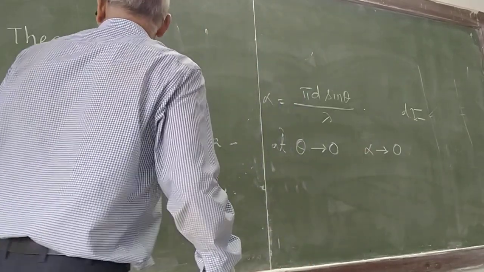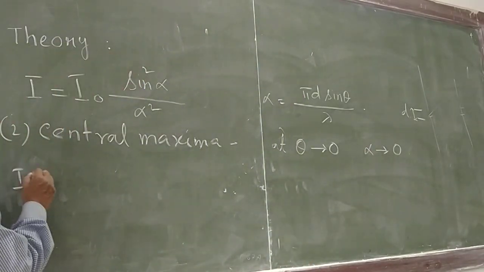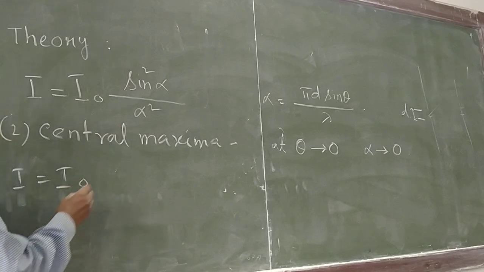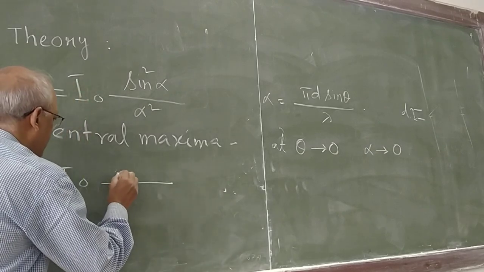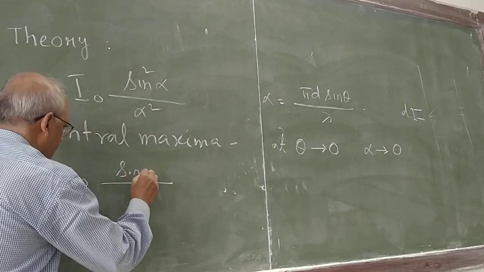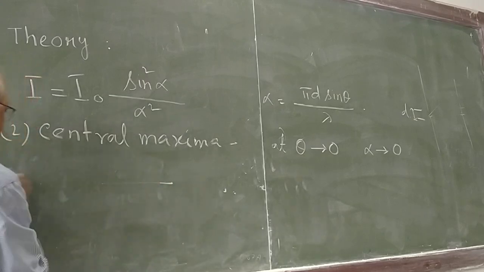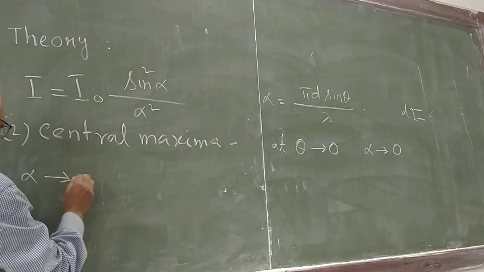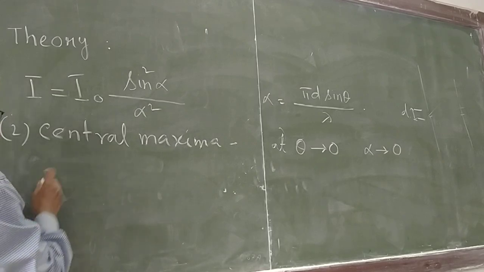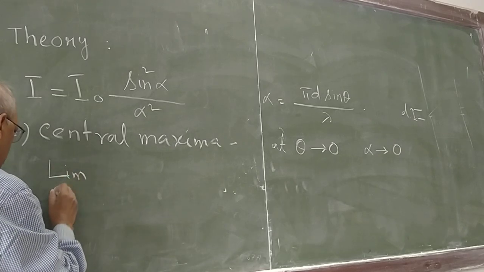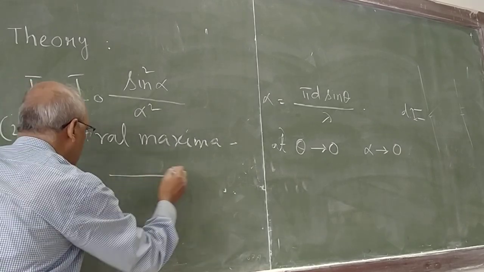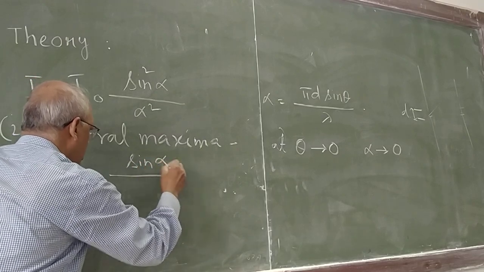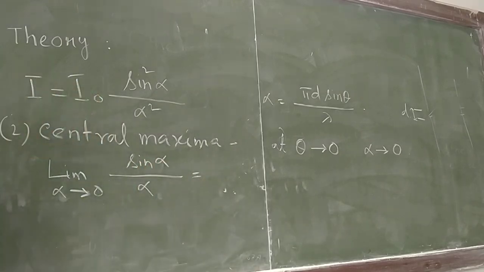So in that condition, alpha also tends to 0. So what is the central maxima value? I is equal to I naught sin square alpha by alpha square. What is the maximum value in that case? If alpha tends to 0, what is the value? It will be 1.